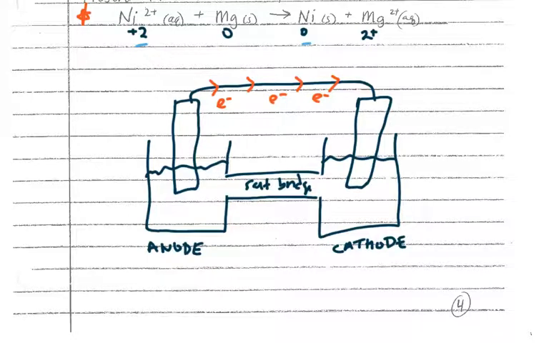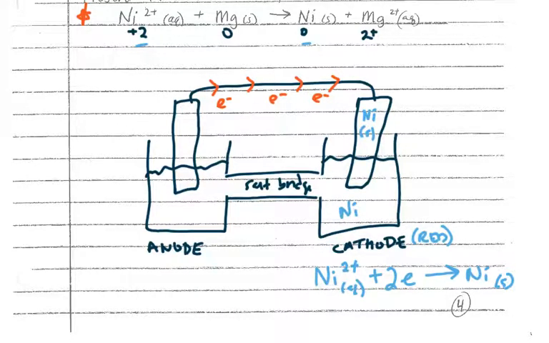So over here, this is going to be the reduction reaction. So that's the nickel 2+, aqueous, gaining 2 electrons to become nickel solid, going from 2+ to 0 charge. So this electrode essentially is solid nickel. And in solution here, we have nickel ions, aqueous nickel.